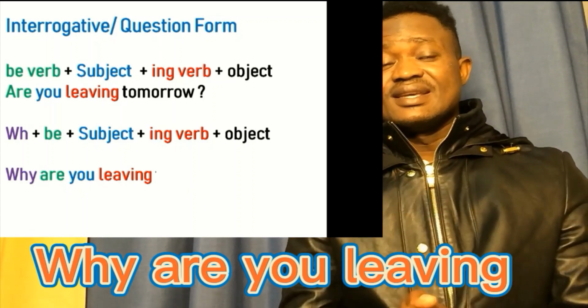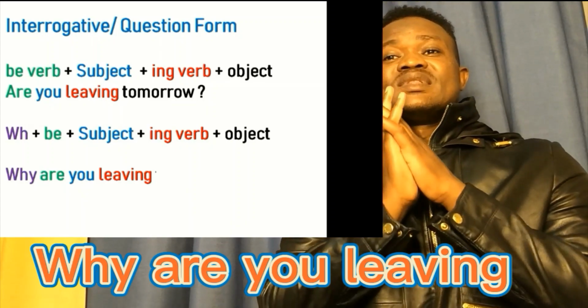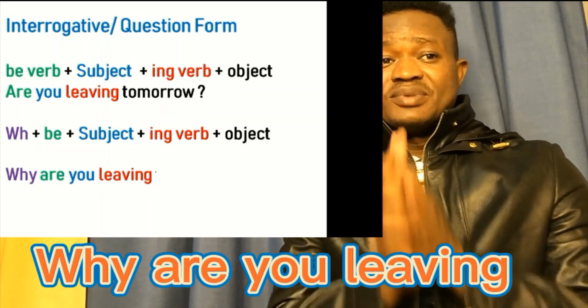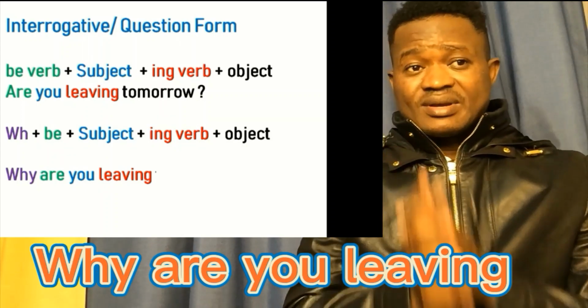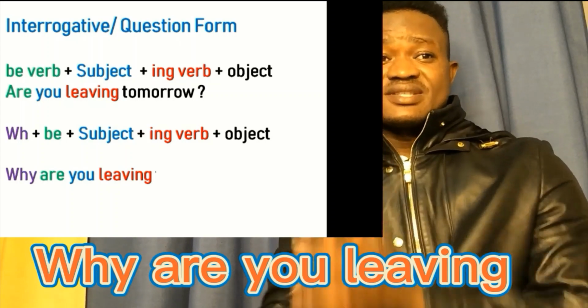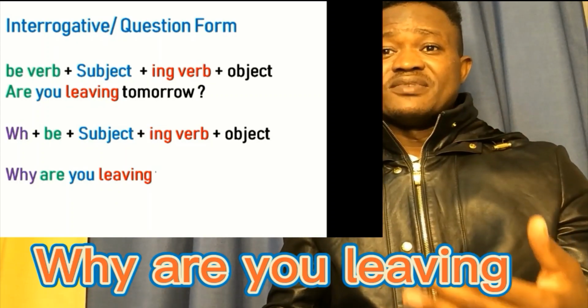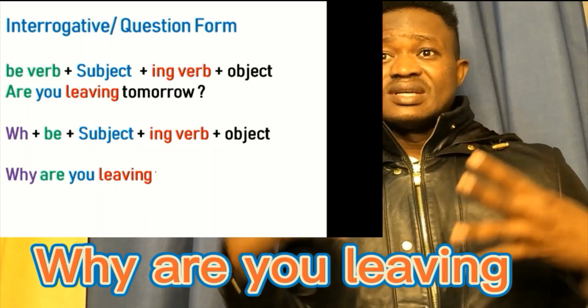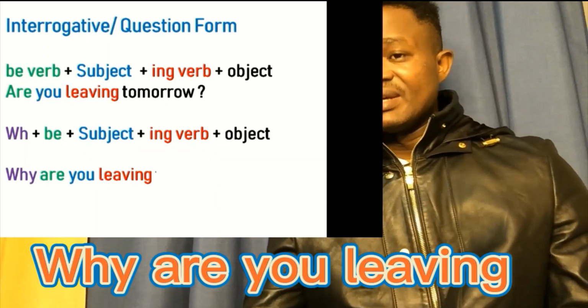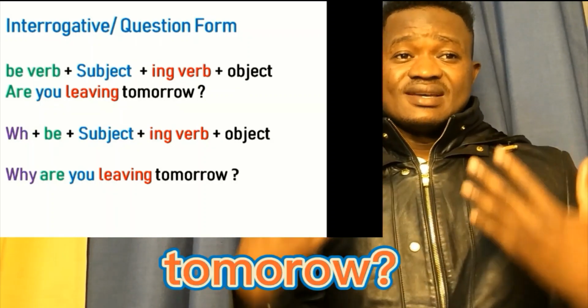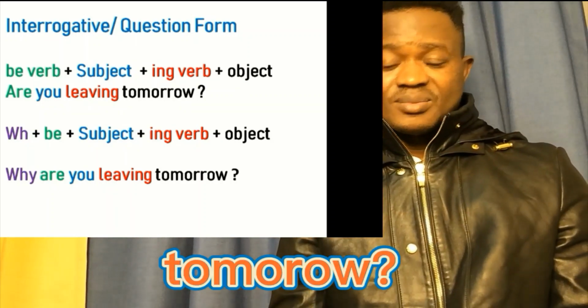So you gotta see here the WH word comes before the be verb and the be verb comes before the subject. So there's a difference between the be verb and the WH word in the interrogative formula. Okay, tomorrow is the object.